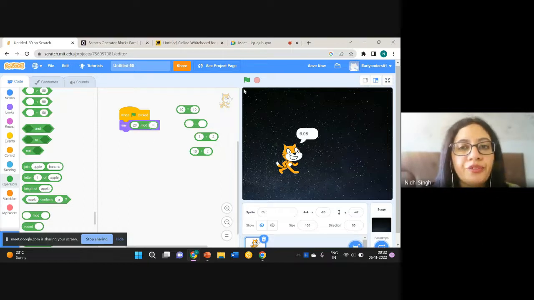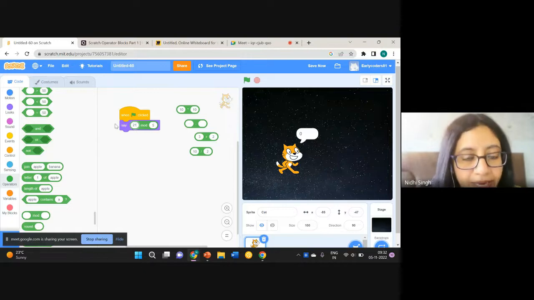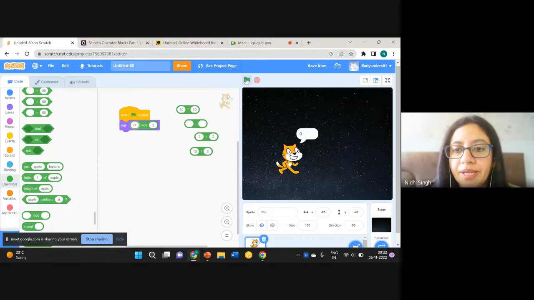It will divide these numbers and give you the remainder of the division. If you divide 20 by 5, 5 times 4 is 20, the remainder will be 0. If I am taking 21 and dividing it by 5, the remainder is 1. Clear?